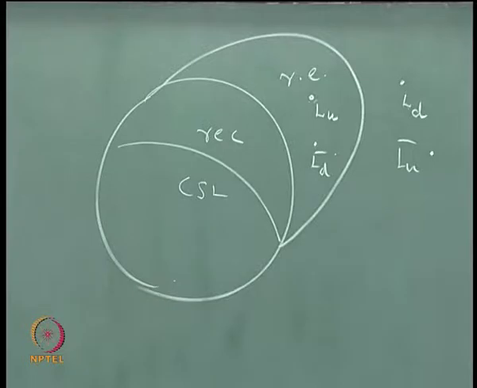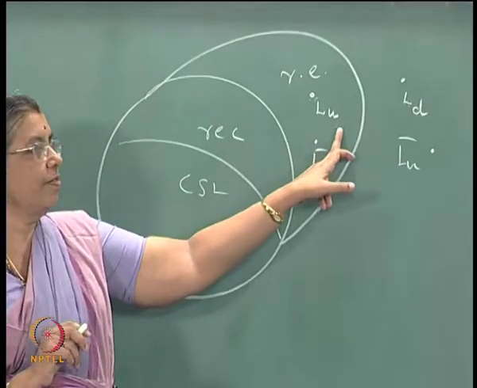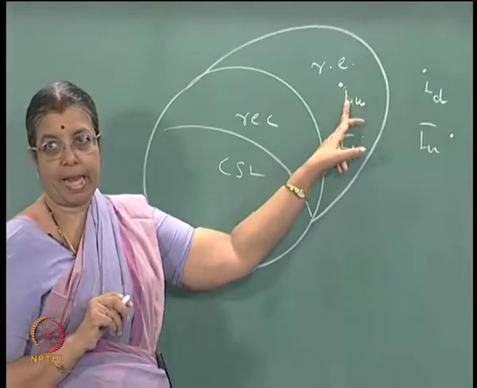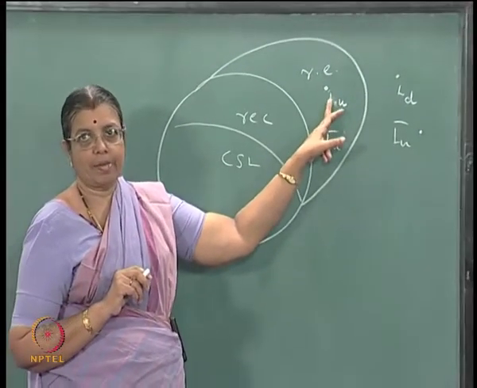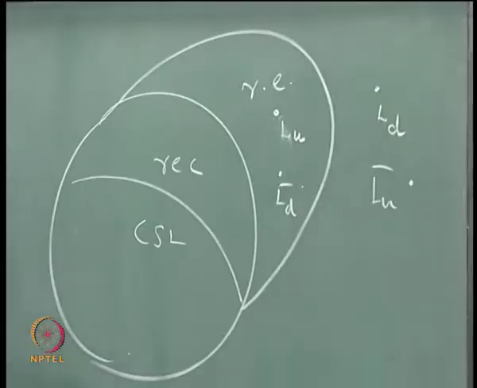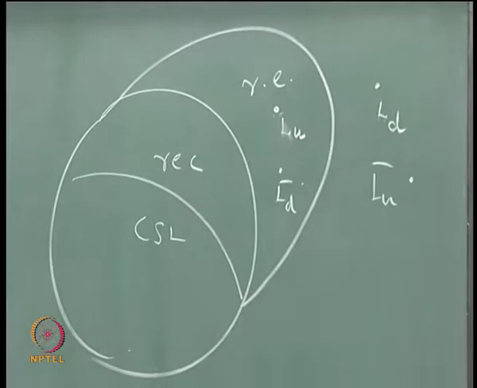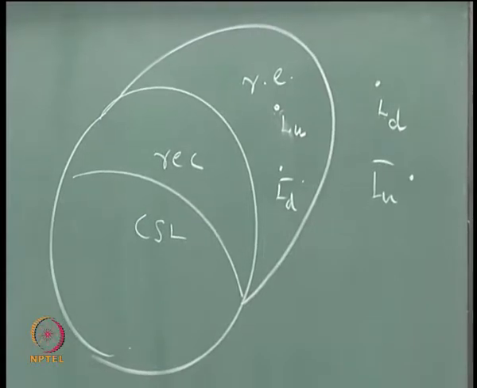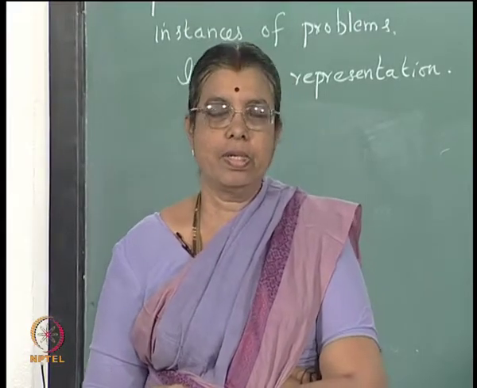Now, there are several problems for which sometimes the word partially decidable is used if the language falls here. If the language is recursively enumerable but not recursive, then the word partially decidable is used. It is not a very common term; in books on logic that word is rather used.